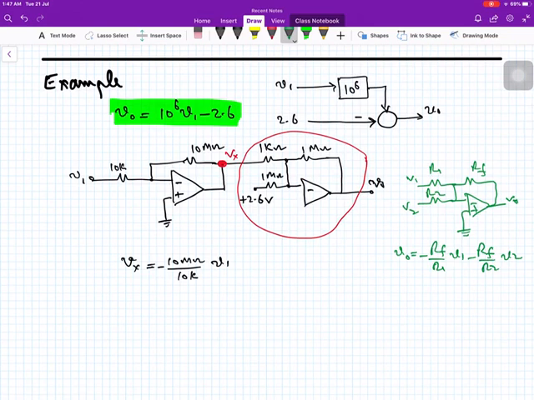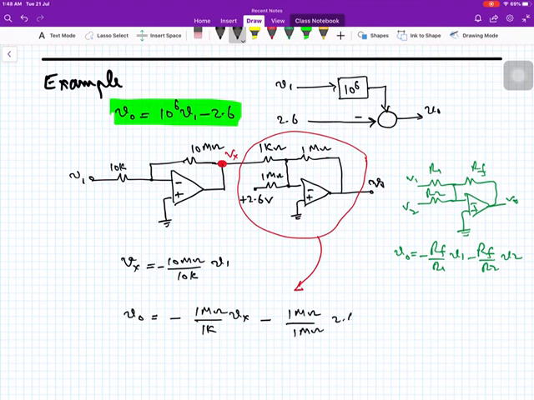Due to this, over here we can write VO equal to minus 1 mega ohm divided by 1k multiplied by Vx, and minus 1 mega ohm divided by 1 mega ohm multiplied by 2.6 volts.